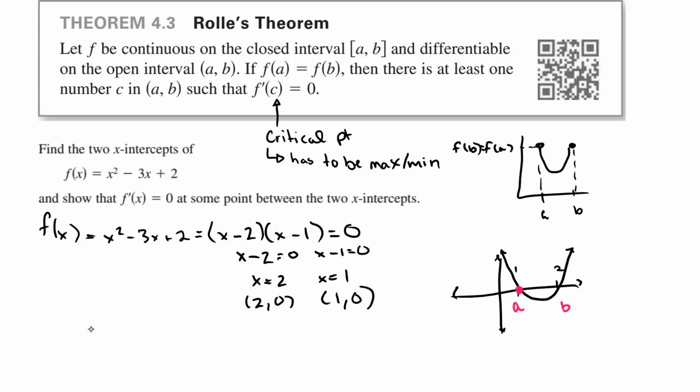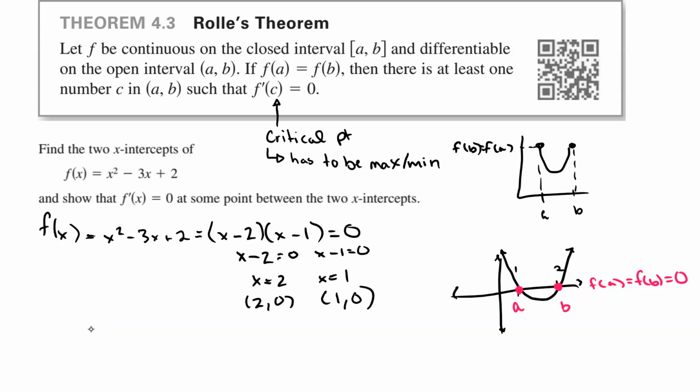You'll notice that our y values there are the same. They're both 0, right? Which is the first condition for Rolle's theorem. It says that our y values have to be equal. The function has to be differentiable all the way throughout. We don't have any cusps, corners, or vertical asymptotes. I'm sorry, vertical tangent lines. So we're differentiable in between.